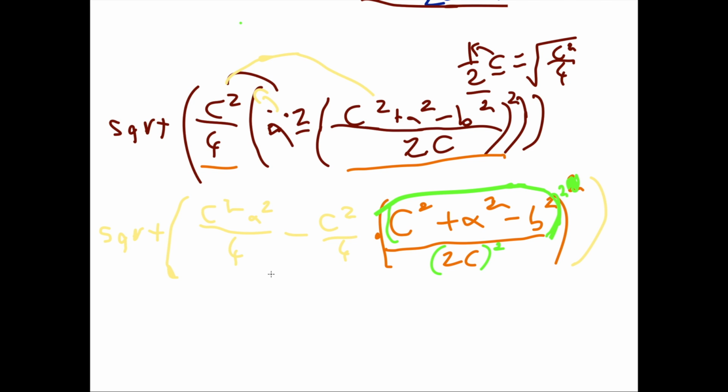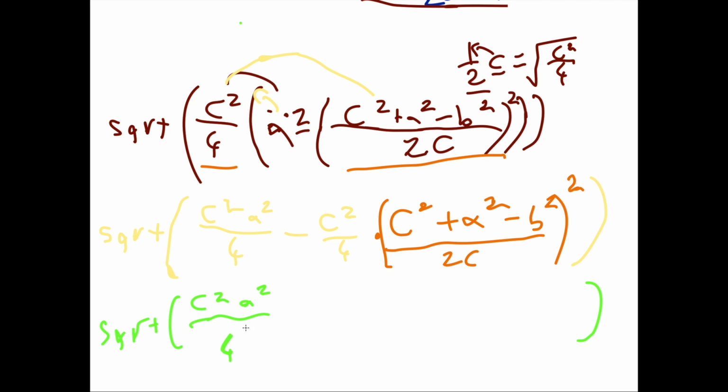Now we can cancel this with, actually, one sec. Let me write this a little more neat, or actually let me just do it under here. So square root of c squared a squared divided by 4 minus c squared divided by 4 times, and then instead of this big bracket, we're going to do 2 brackets, right?